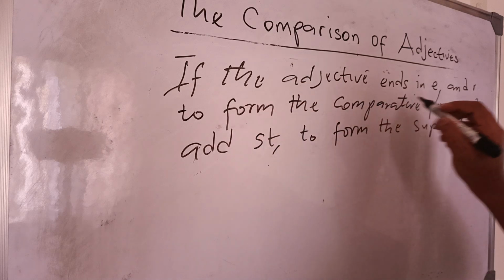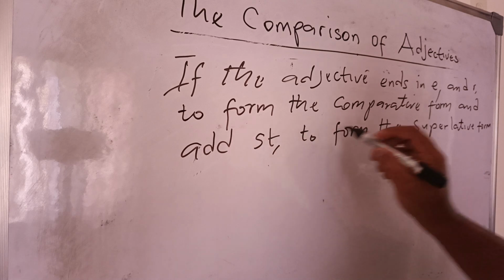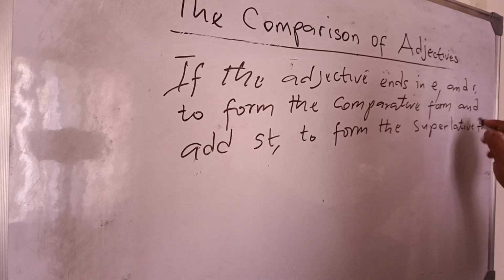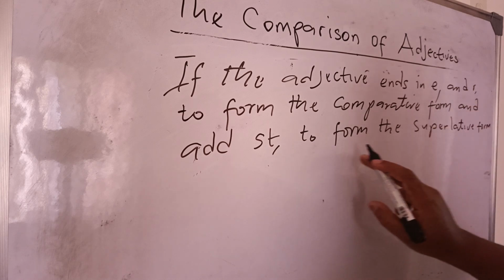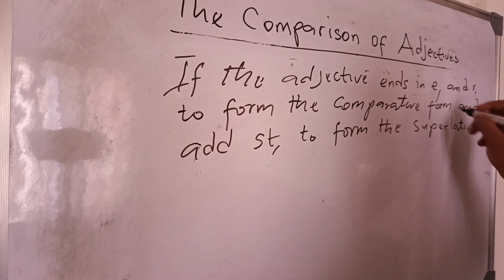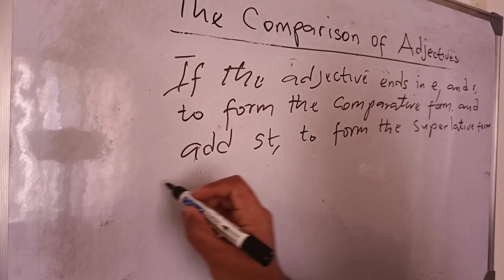If the adjectives end in E or R to form the comparative form, then add st to form the what? The superlative form. So let's take a look at an example.